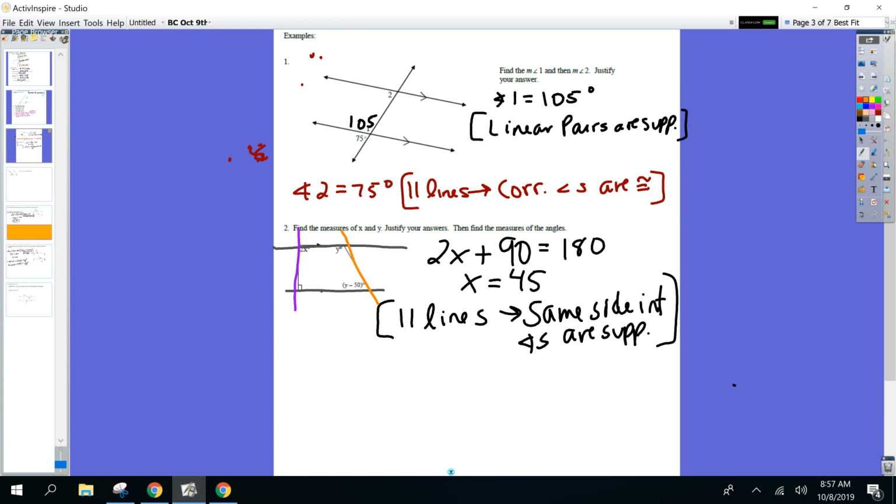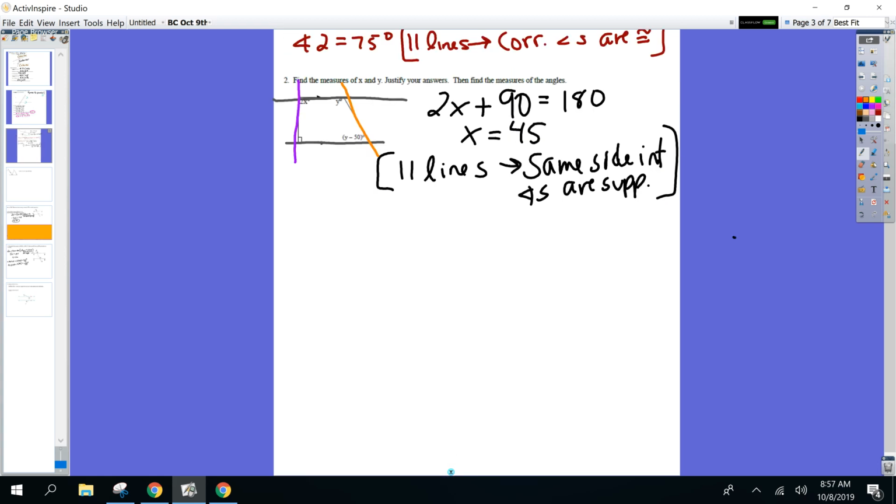Thank you. So for this one, I'll do y plus y minus 50 equals 180. And again, when you guys are ready, take your time, solve it.